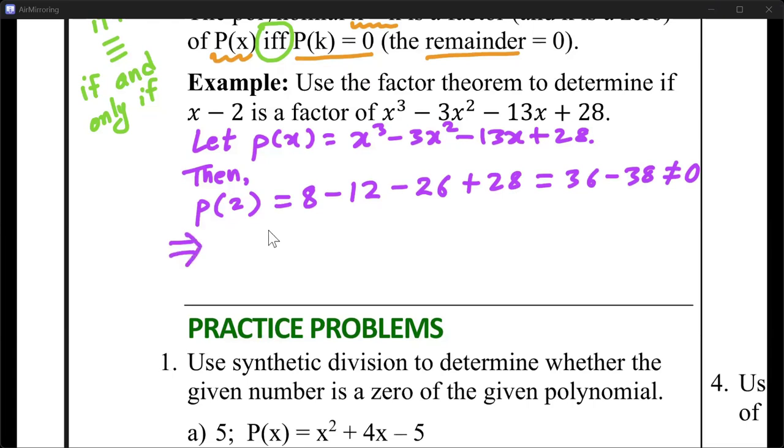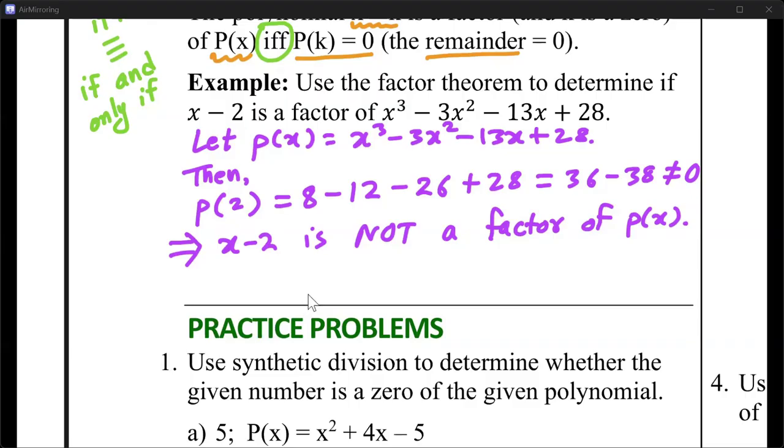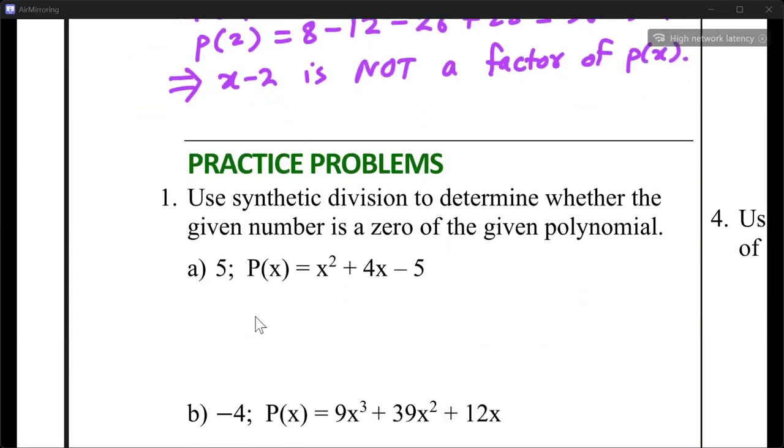This implies x minus 2 is not a factor of that polynomial p of x. Okay. Moving on.